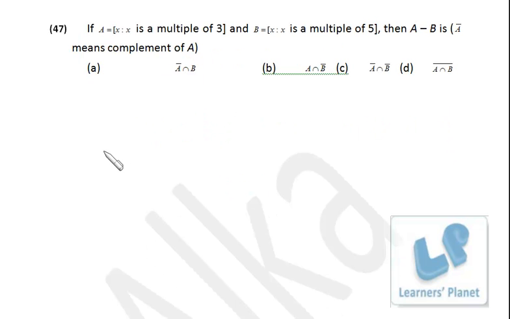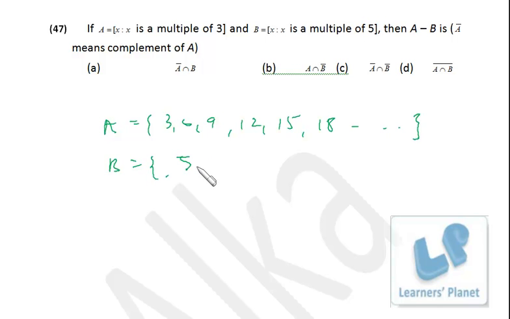Now this one: in set A, x such that x is a multiple of 3. So set A is 3, 6, 9, 12, 15, 18 and so on. B is x such that x is a multiple of 5: 5, 10, 15 and so on.